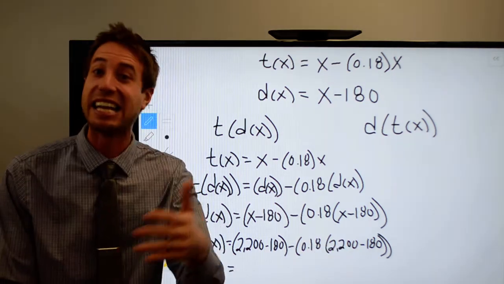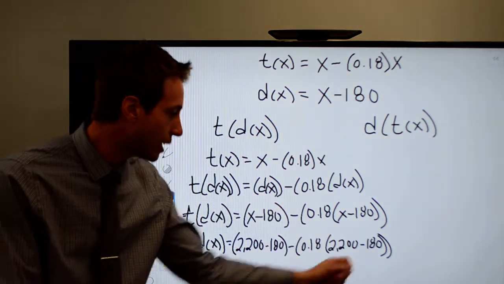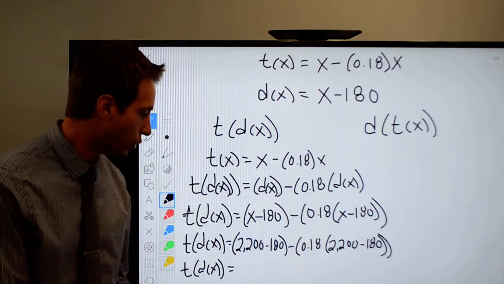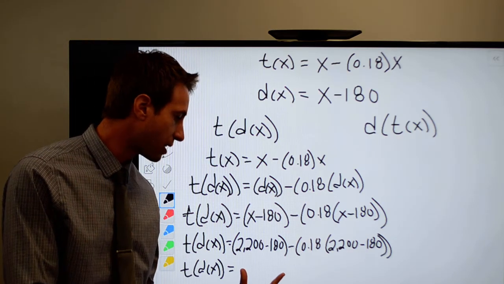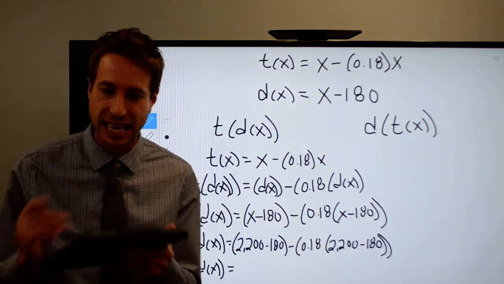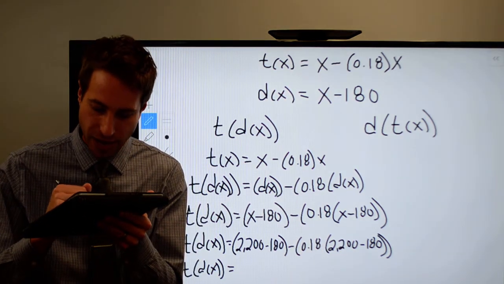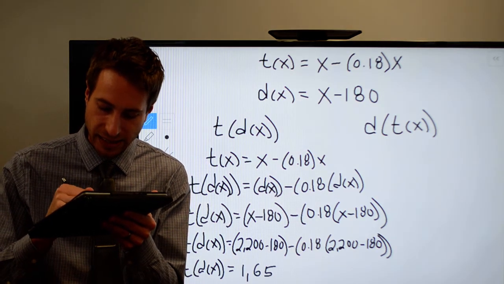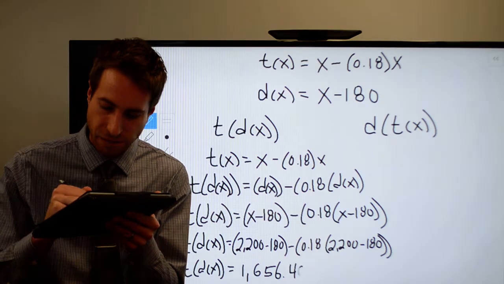2,200 minus 180 again is going to be 2,020, which I would then multiply by 0.18. And so what I wind up with is 2,020 minus whatever this comes out to be. And again, the result is going to be $1,656.40.